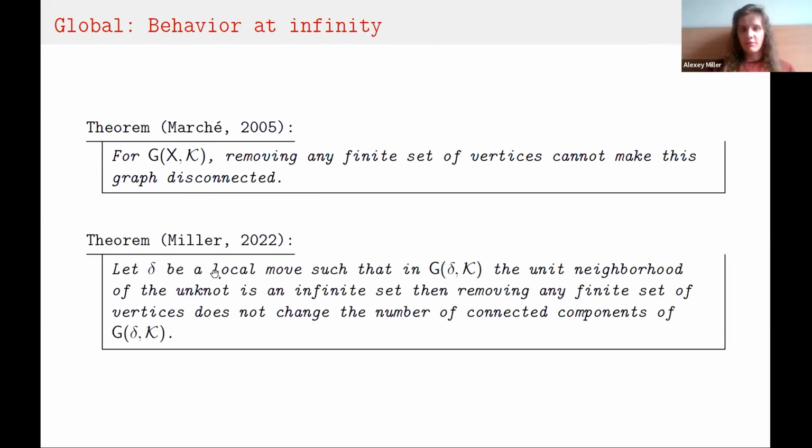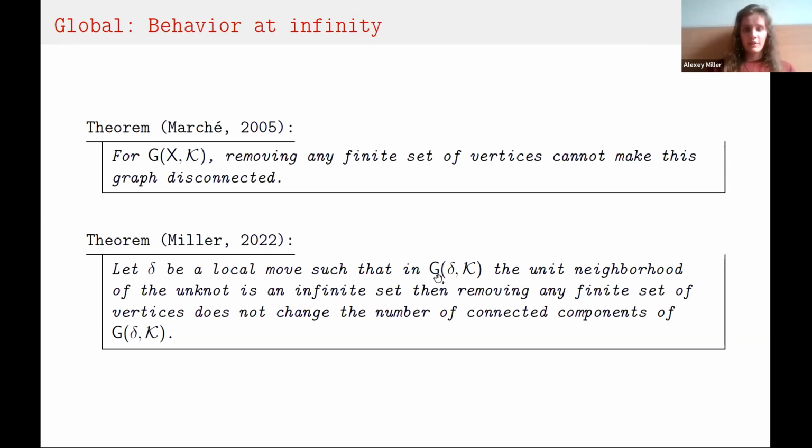Let delta be a local move such that in the corresponding Gordian graph, the unit neighborhood of the unknot is an infinite set. This is a very natural property.